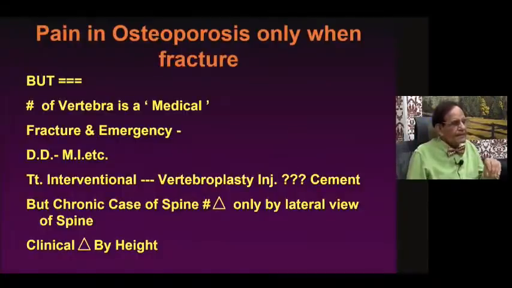Some of them, as I said, get very little, not severe pain, and the vertebra collapse, and later on a lateral view of the spine will show you 2 or 3 collapsed vertebrae. In fact, that is the diagnosis of osteoporosis, 100%. You don't have to do even bone densometry studies. But after the vertebral fracture, the height goes down.